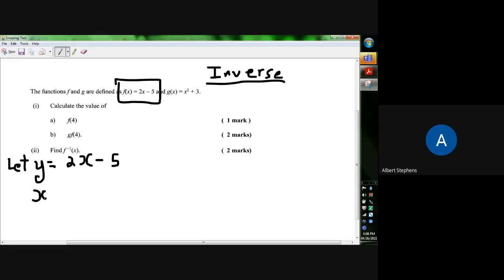X. And where x is, you put y. All right? You follow? And then after that, we're going to find y, or make y the subject of the formula. Everybody following? You want me to say it again?